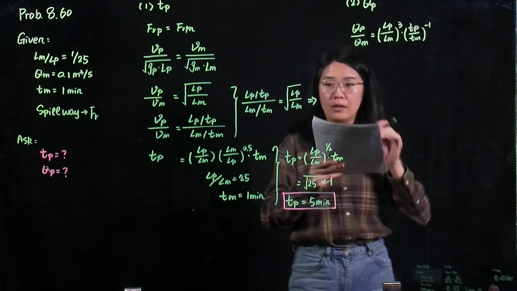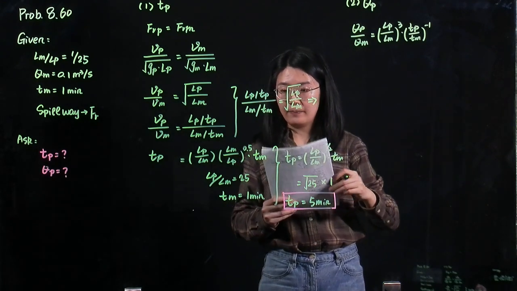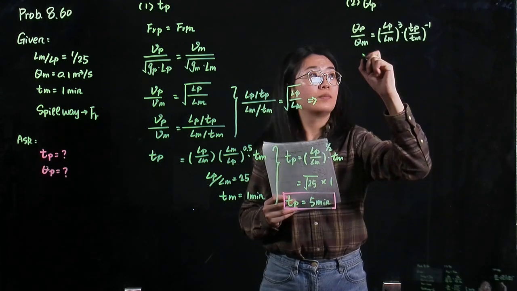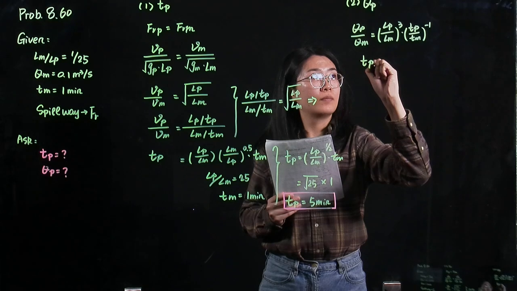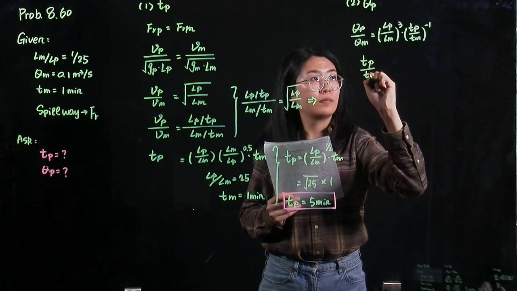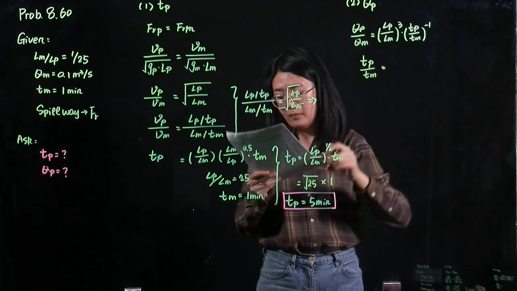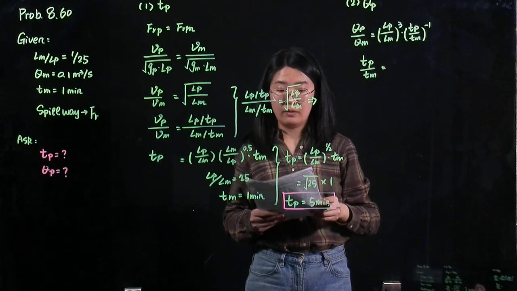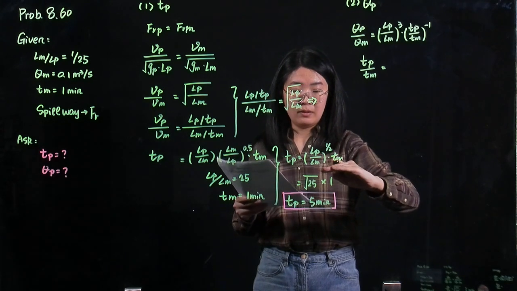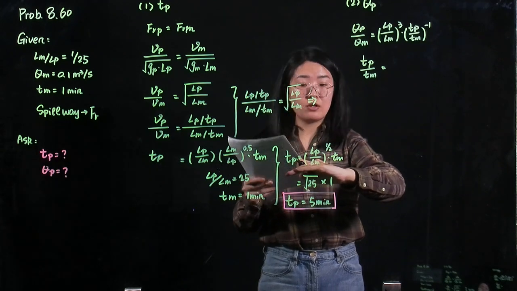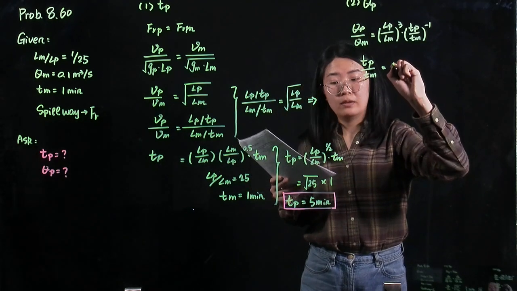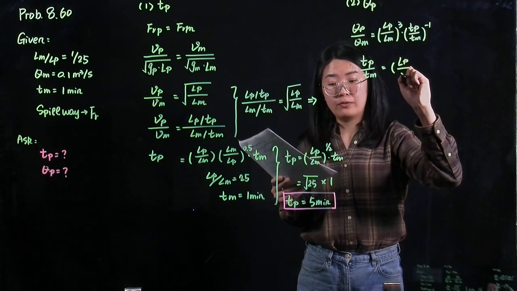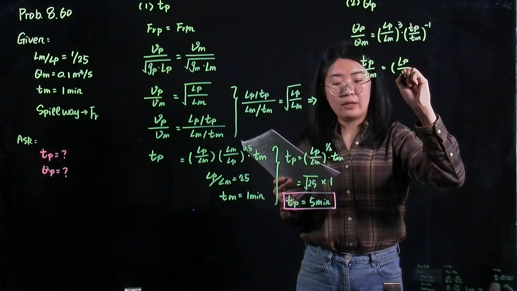And we know the ratio of time should equal the square root of the ratio of length.